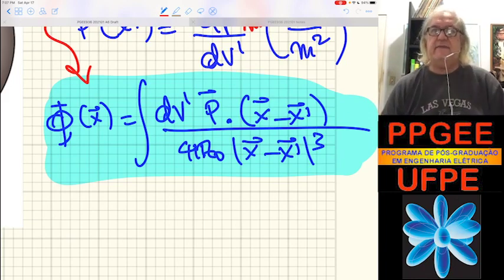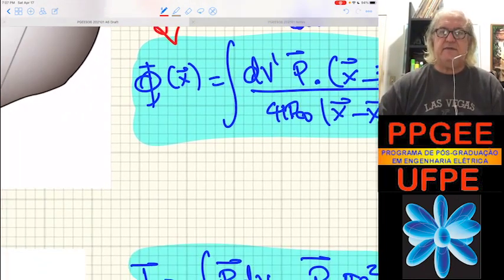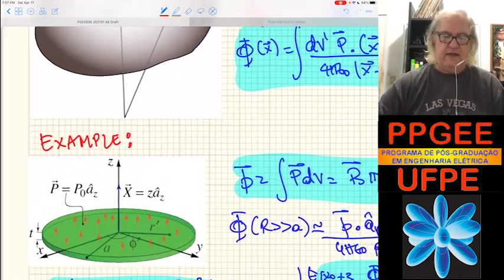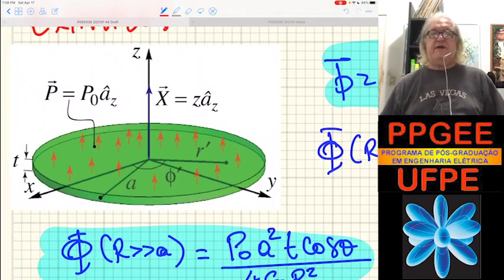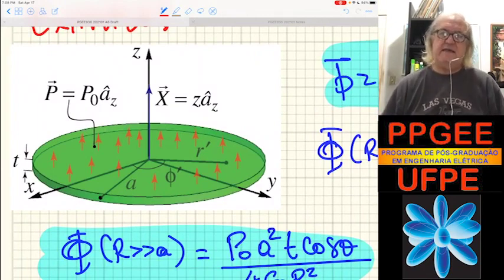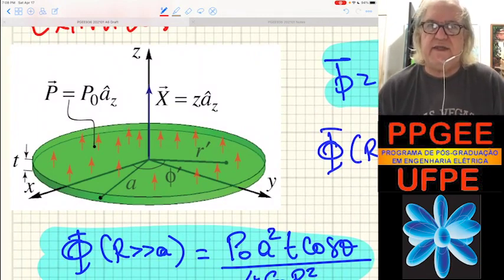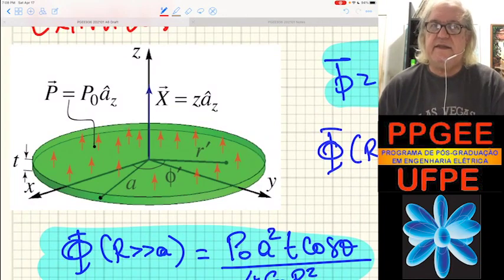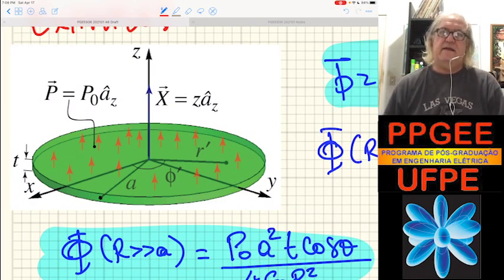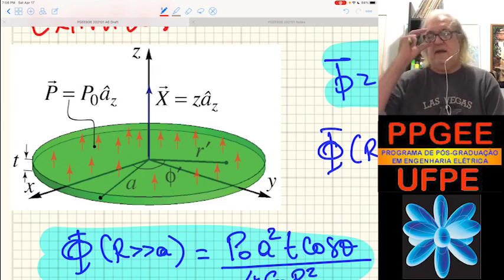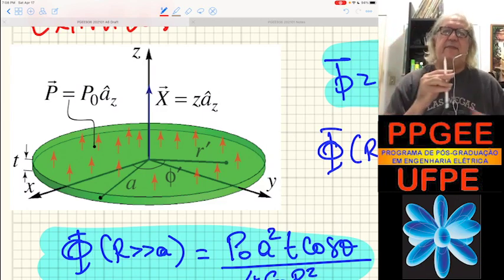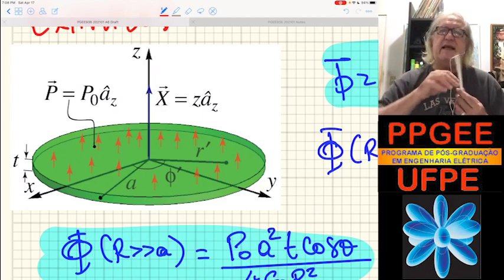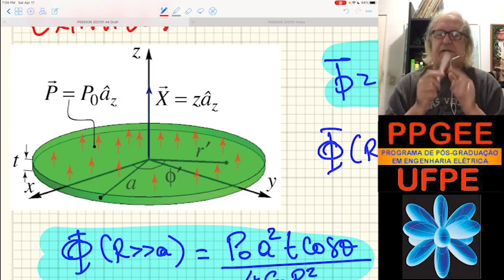For instance, let's assume that we have a material that attained a permanent polarization state. Just like ferromagnetic materials, we have so-called ferroelectric materials in which you can apply an external field and align all the dipoles.